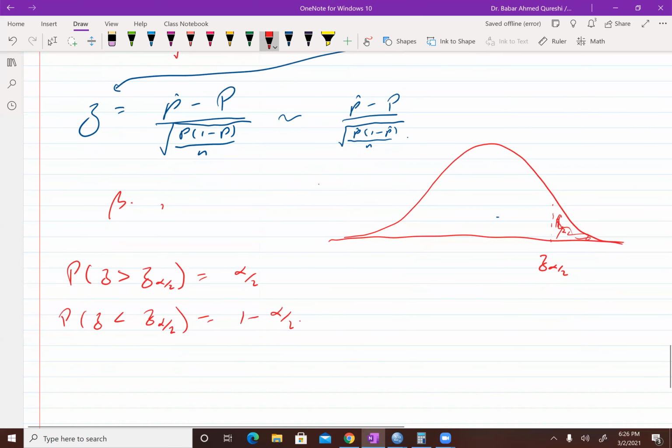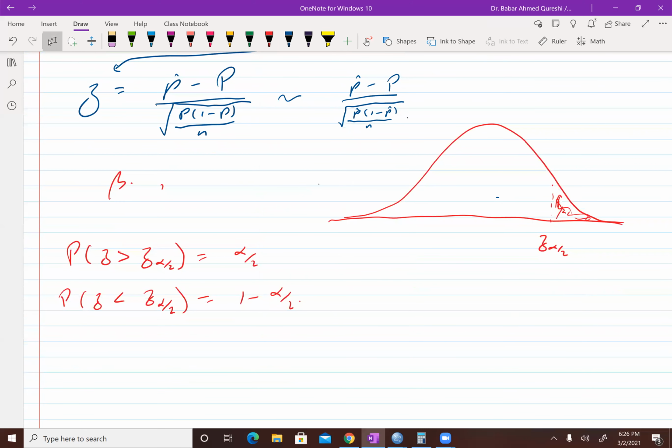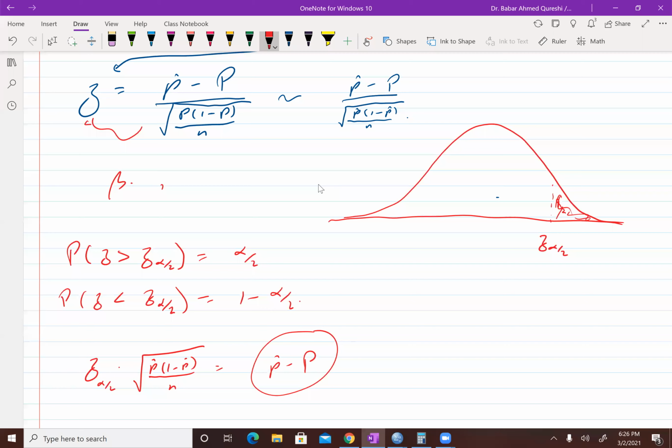So once you have this critical value, then from this formula, you can see that with this critical value, when I multiply this 2 over there, this is the difference.